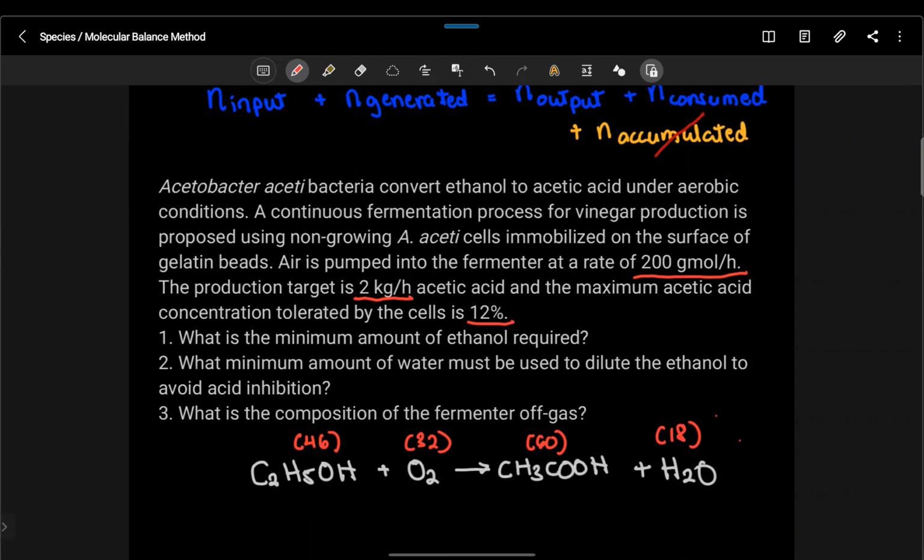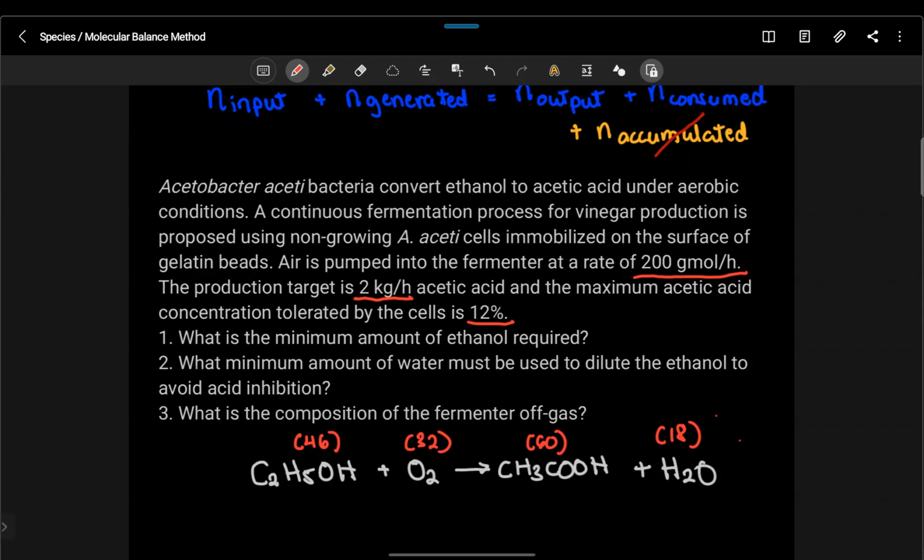So, ganoon din in this example. Yung acetic acid mo, hindi pwedeng sobra-sobra yung concentration at the end of the process kasi ma-inhibit niya yung cells. Yung cells, kailangan gamitin mo pa siya later on, right? That is the reason. Pangalawa siguro, syempre, we have limitations on the concentration of your acetic acid. Although you can dilute naman yung product natin later on.